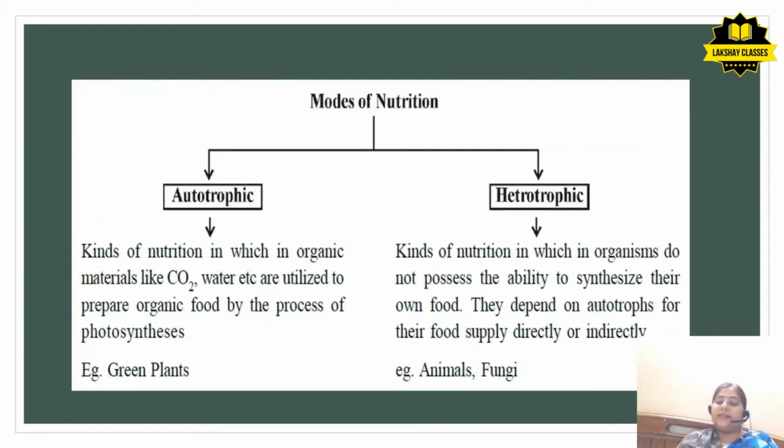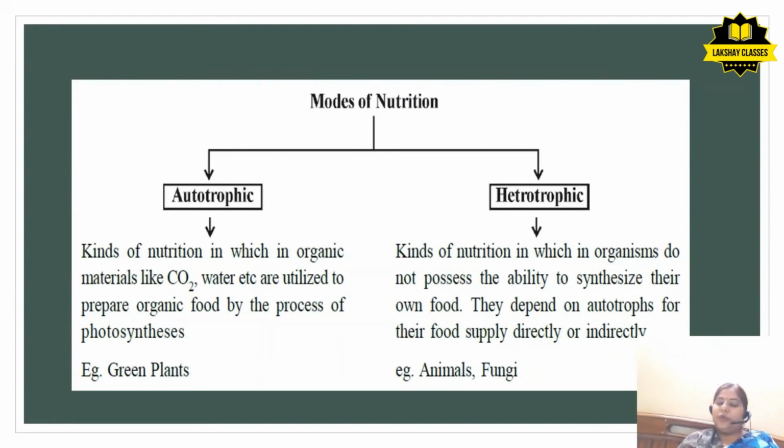So let's understand the difference between autotrophic and heterotrophic. I already explained this, but still let's read out the difference. As I already told you, auto means self-nutrition, hetero means dependent nutrition.